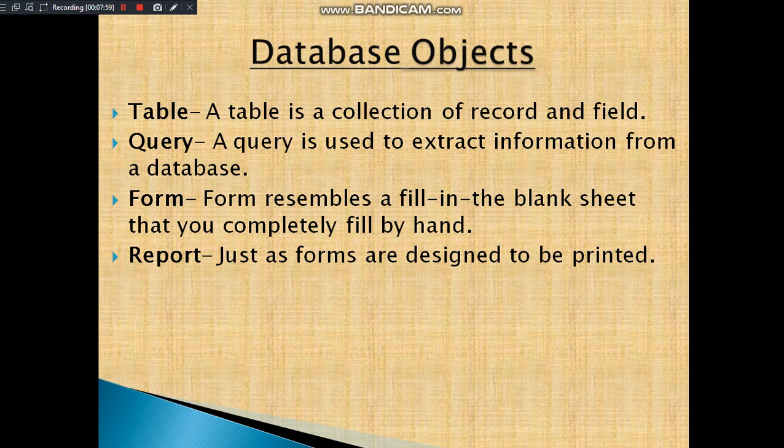Those are nothing but normal forms attached at the back end to the database. Clear? Reports are just like forms. A report gives you the printed format of your table or form. It is proof that I have not taken the data myself, it is system generated, because it would have dates and all. Clear, students? Still, if you have doubt, you can straight away ask me.